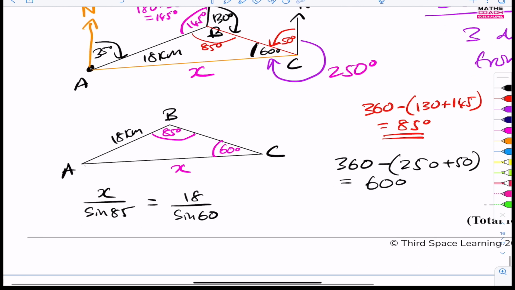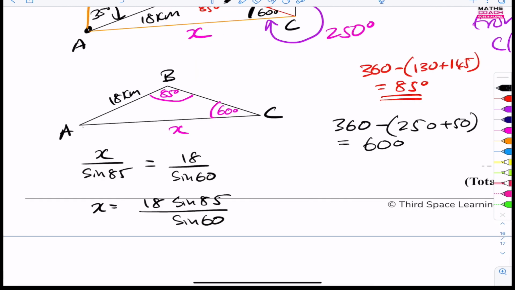Then I rearrange by taking the sine 85 to this side. So x is equal to 18 times sine 85, all over sine 60. Then I put that into my calculator and I get 20.7 kilometers. So the distance between A and C is 20.7 kilometers.